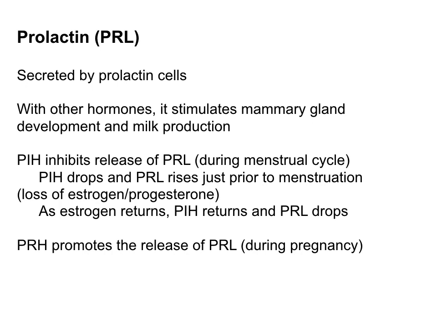Our next anterior lobe hormone is called prolactin, which is abbreviated PRL. Now, prolactin is secreted by prolactin cells within the anterior lobe of the pituitary. And prolactin, working with other hormones, helps to stimulate mammary gland development and milk production.